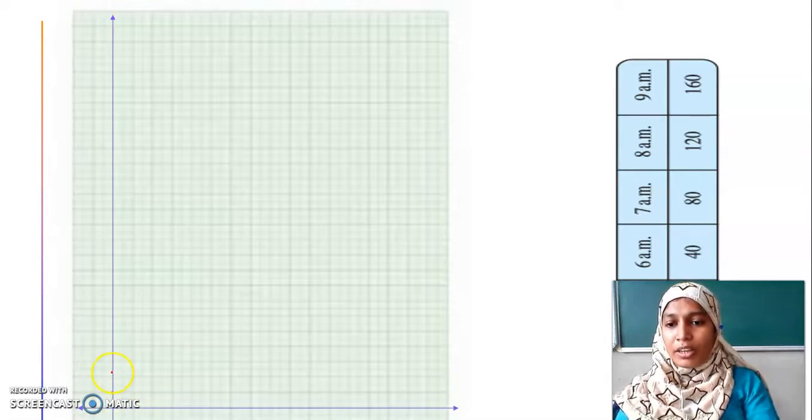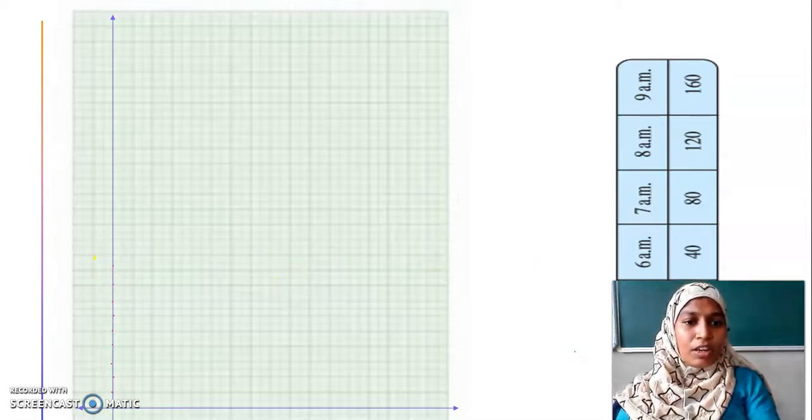Here 20, here 40, here 60, here 80, here 100, 120, 140, 160, 180. Then I am not starting right from the beginning of the hour. I am starting with 6, so I have to have a jagged line here.